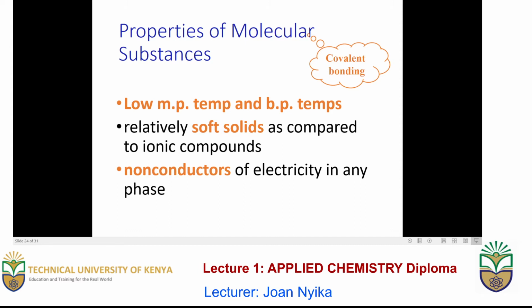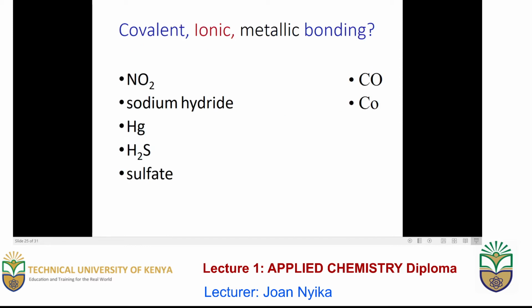They are also non-conductors of electricity in any phase, whether solid, liquid, or gaseous form. And this is because they result from sharing of electrons, unlike ionic compounds that result from the transfer of electrons.